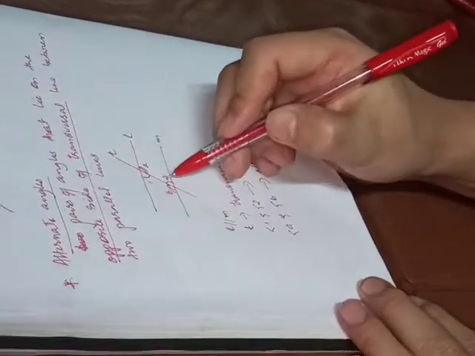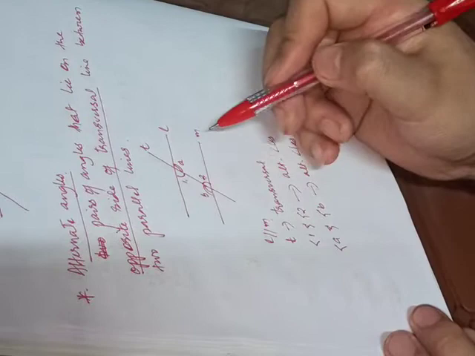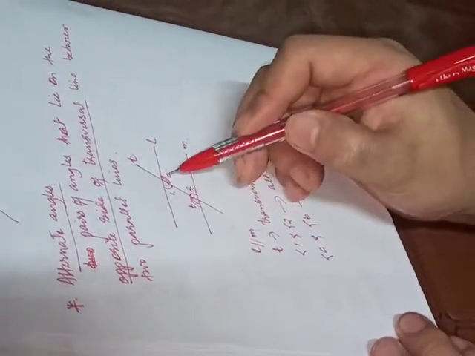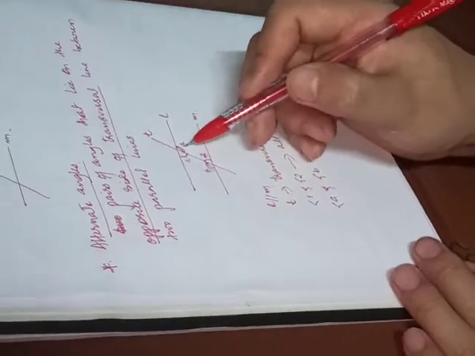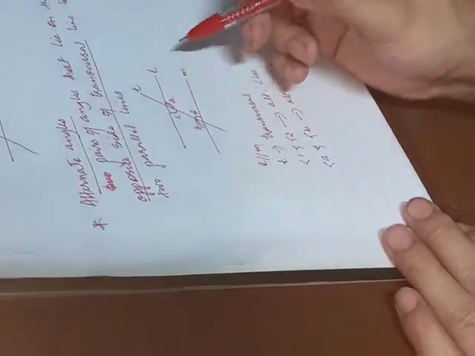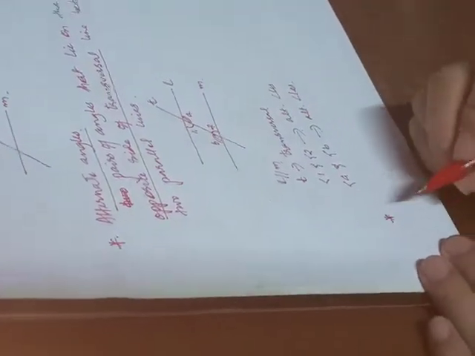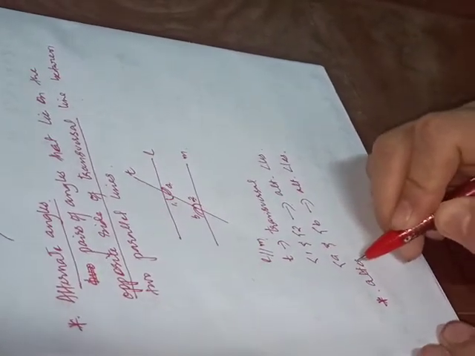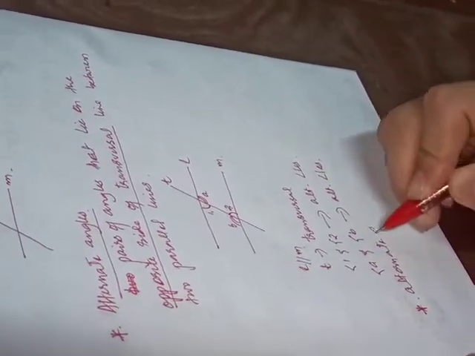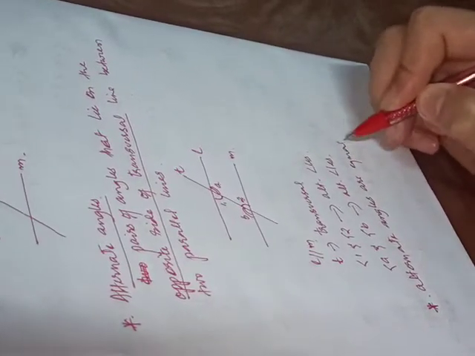I hope this is clear, right? So you see here 1 and 2 are on the opposite sides of a transversal between two parallel lines L and M. Likewise, A and B are also on the opposite sides of the transversal between the parallel lines L and M. The important point that you need to note here is that alternate angles are equal. This is the property.